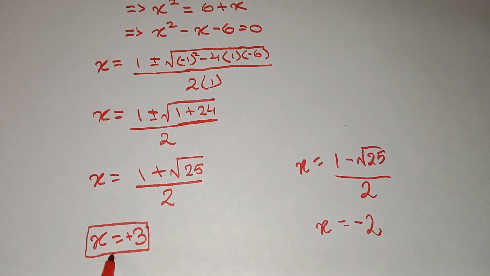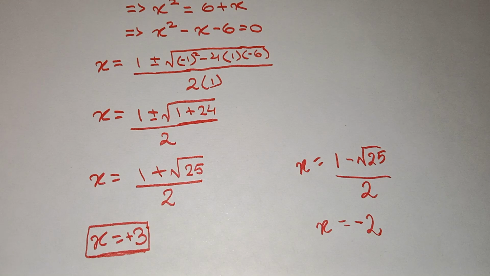So now I have told you the reason. Let's summarize it. We will only take out a positive solution. A number which has a positive sign will be chosen as the correct answer.